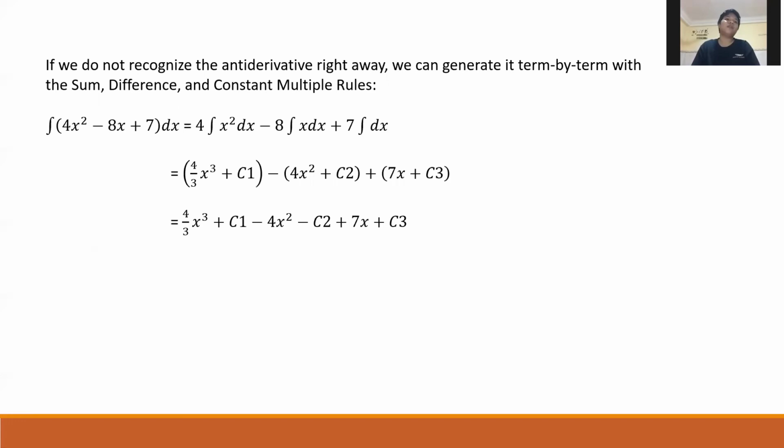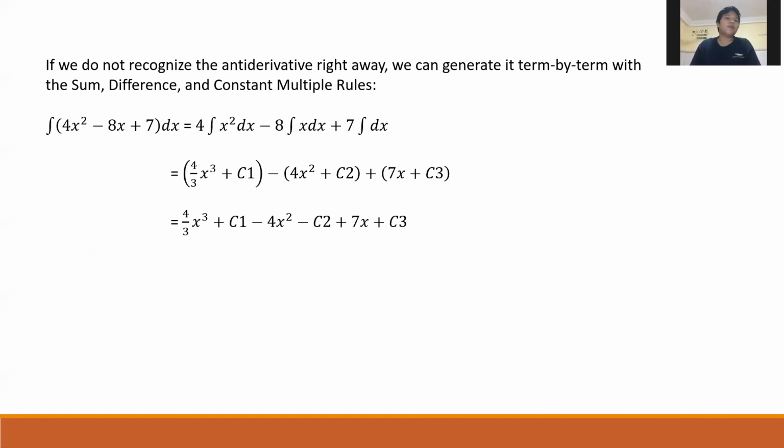And if we do not recognize the general antiderivative right away, we can generate it term by term with the sum, difference, and constant multiple rules, as I mentioned in the box above.